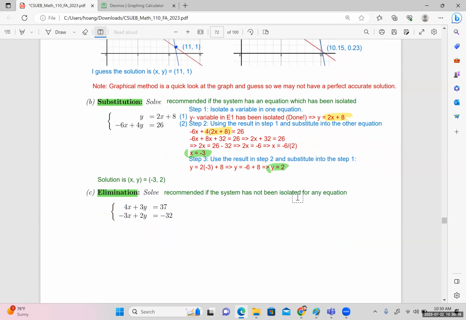Let's say step one. You see right now you have a system that hasn't been isolated at all.